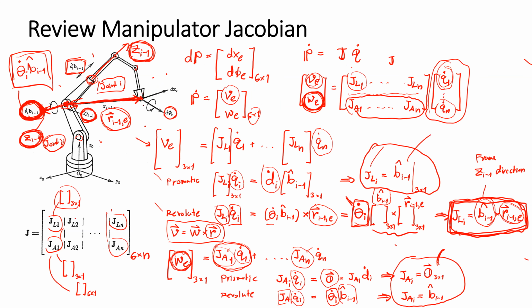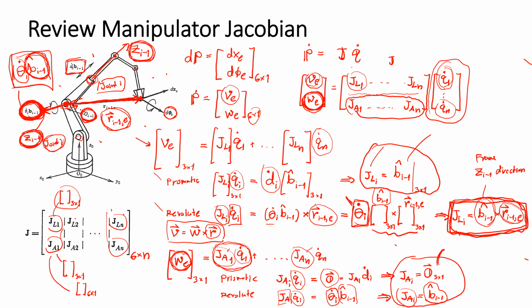How about the angular Jacobian for revolute joint? The omega of the joint i has the direction indicated by the unit vector z i minus 1, and it will affect the rotation at the endpoint with the same magnitude and direction of the unit vector at the endpoint.